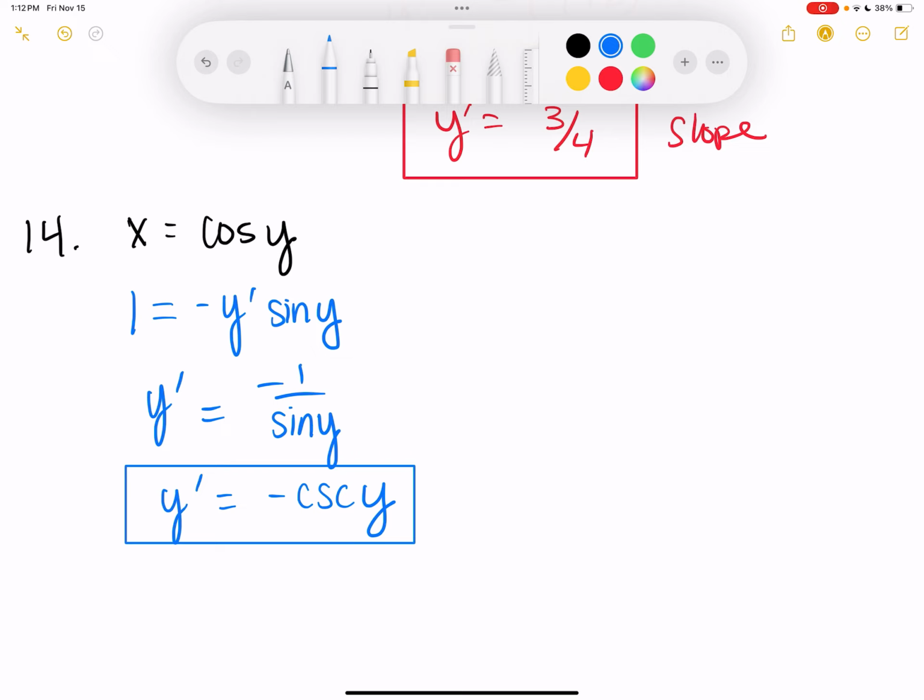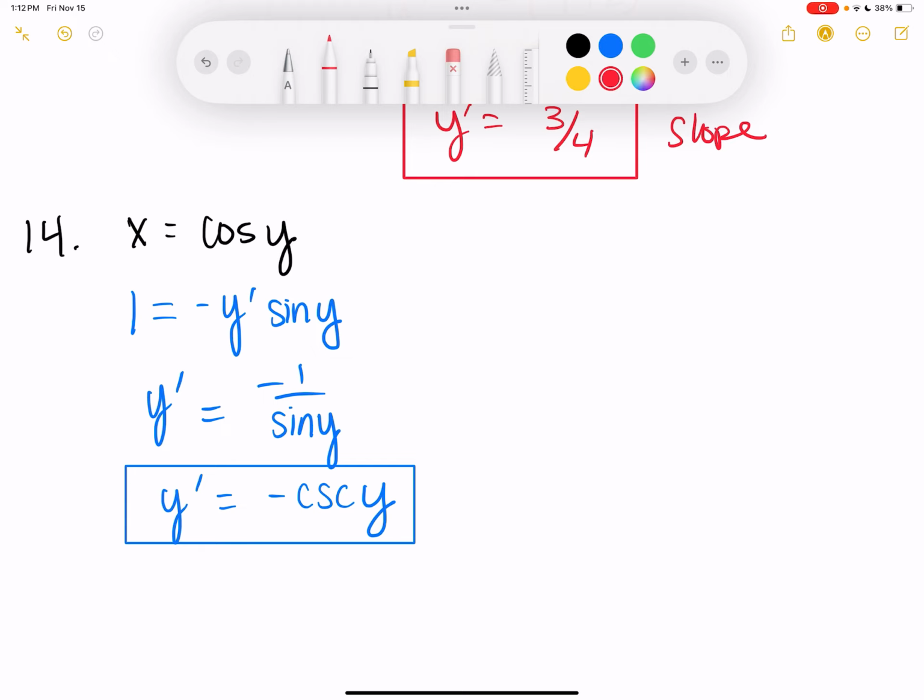All right, that's y prime, but I need to know where the slope of this curve is defined. So essentially, what values are going to cause a problem here? AKA, where's the denominator 0? When is sine 0? 0 and pi.